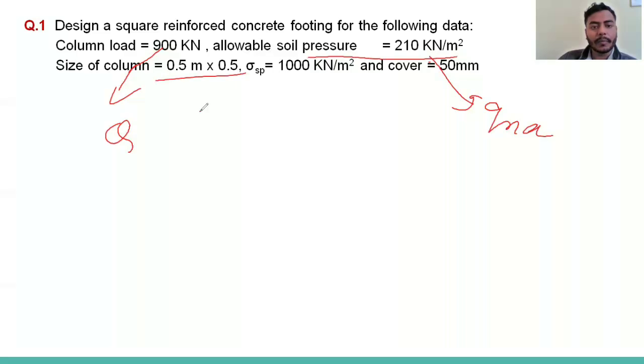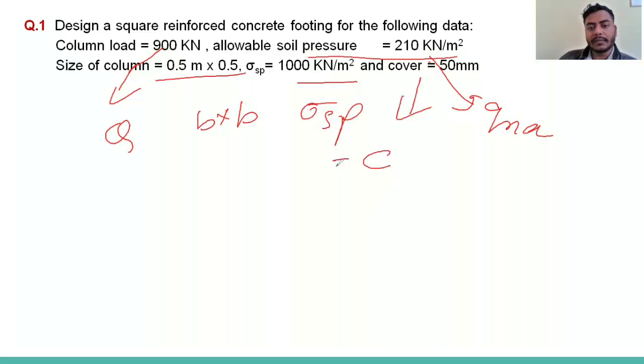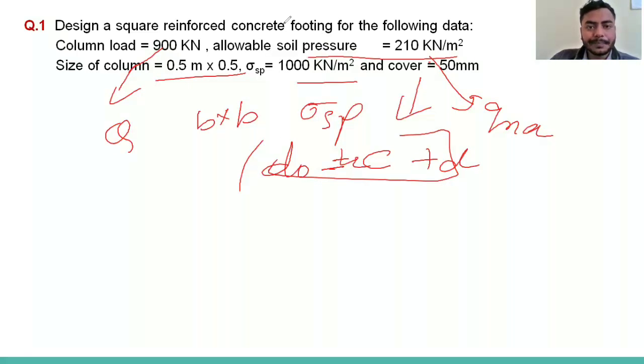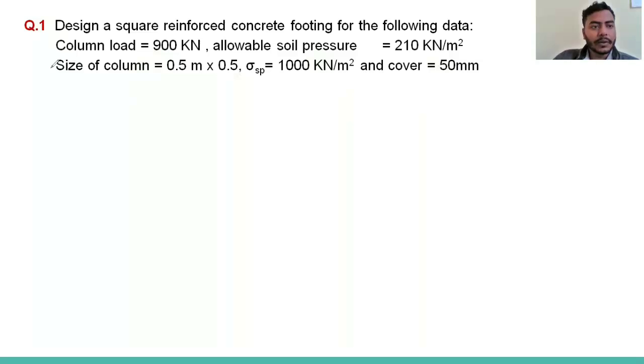And this is the size of column, into B. This is the QSP given, this is cover C. Right, so now we are going to solve.